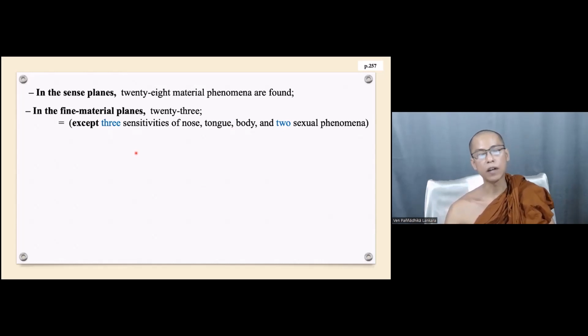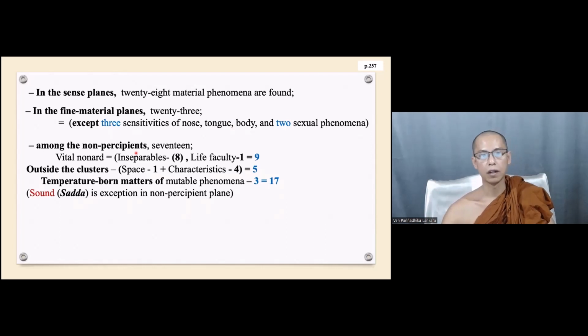For the non-Participian being, we have to count 17, so 17 at the moment of conception. By the nonad material cluster, we can count nine material phenomena.